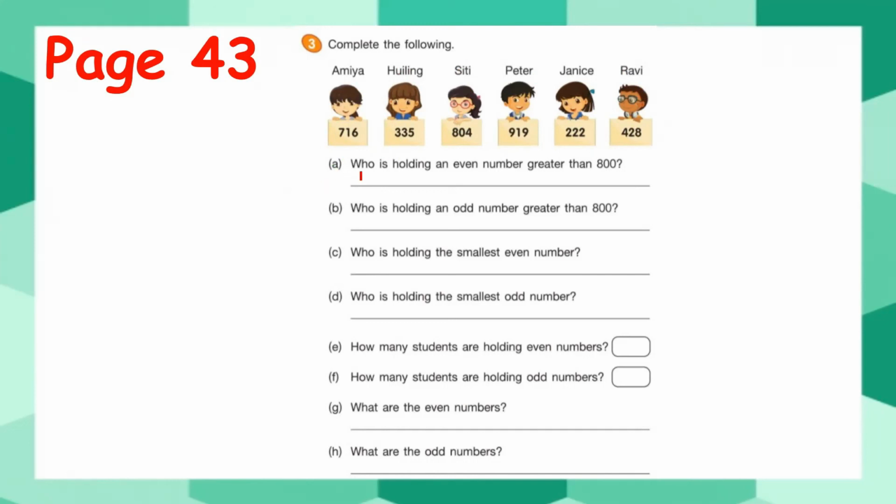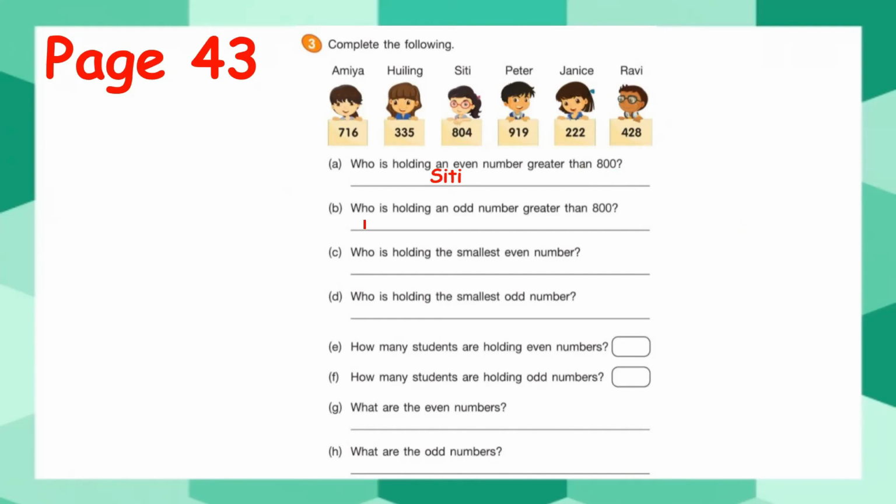Okay, letter A. Who is holding an even number greater than 800? Who do you think holds an even number greater than 800? She is Siti. Okay, so we have here 804. That is greater than 800.